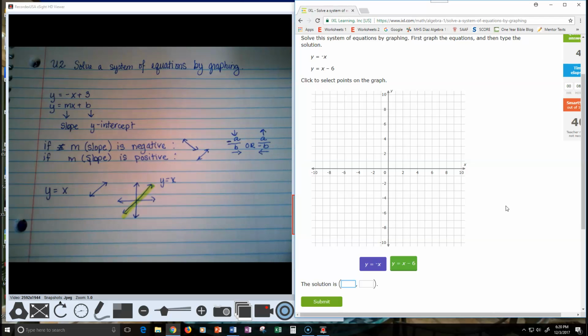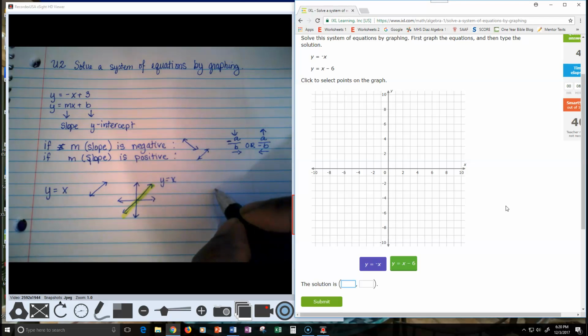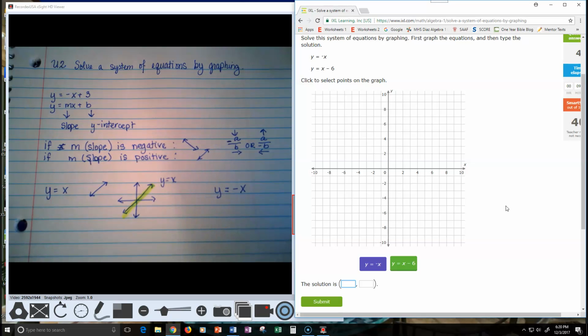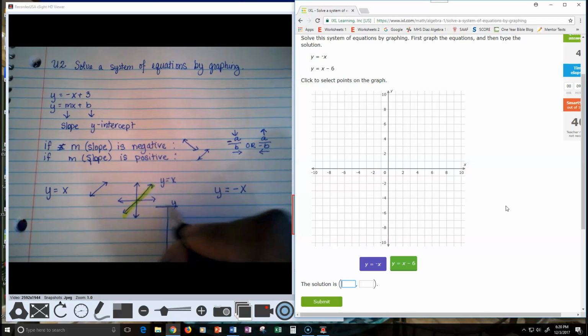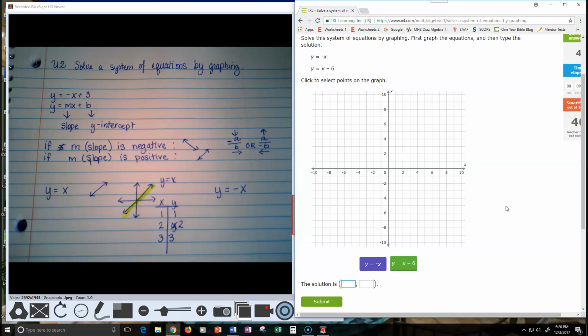Now, in transformations, which is what we're basically doing with this next one, what we're saying is y is equal to negative x. So first I'm going to do a table so that you can see what I'm talking about. When we say y is equal to x, if x is 1, y is 1. If x is 2, y is 2. If x is 3, y is 3, and so forth. Here, what I'm saying is negative x.